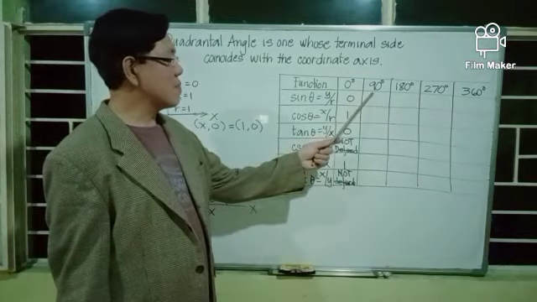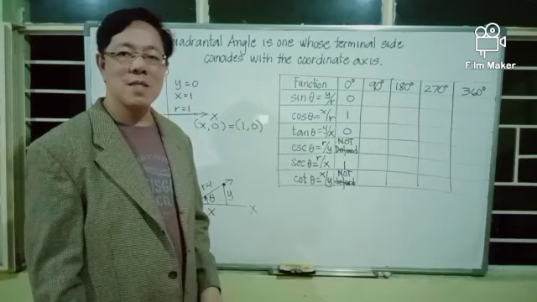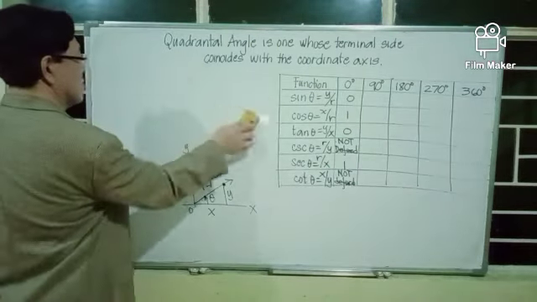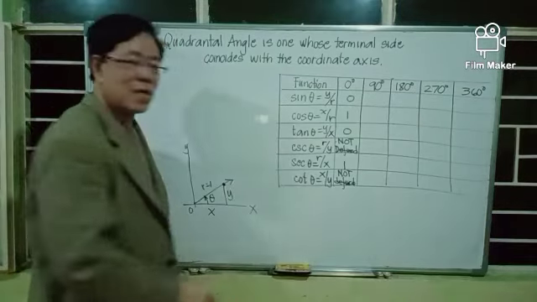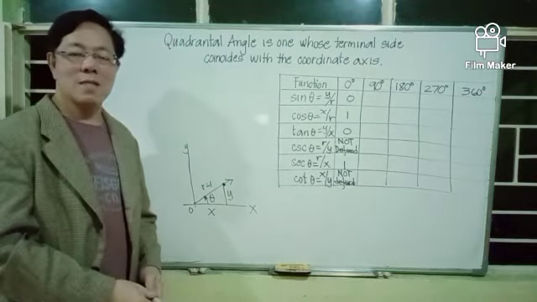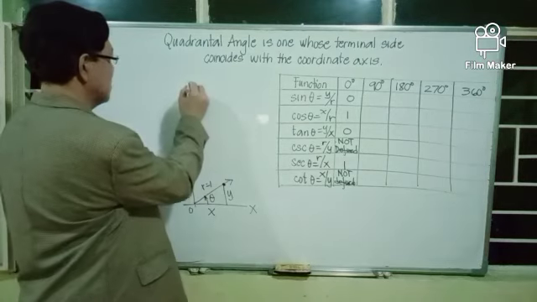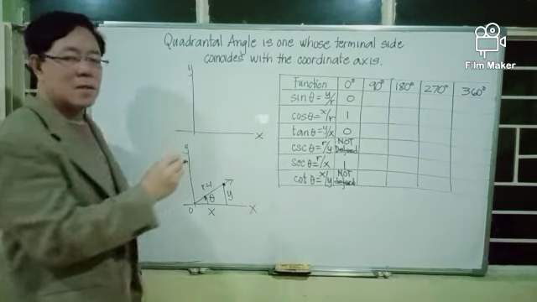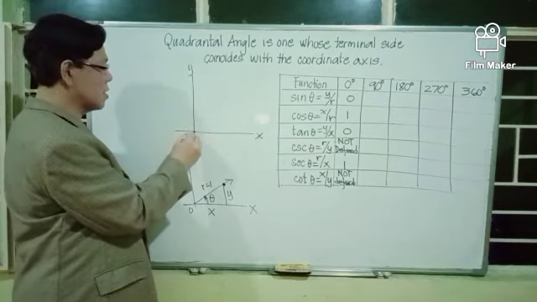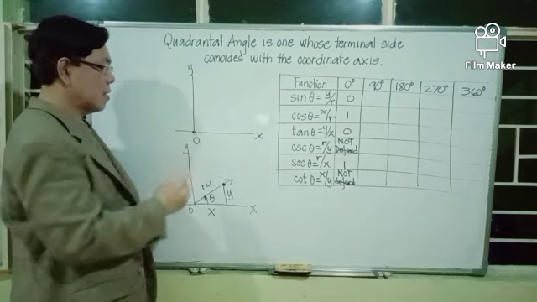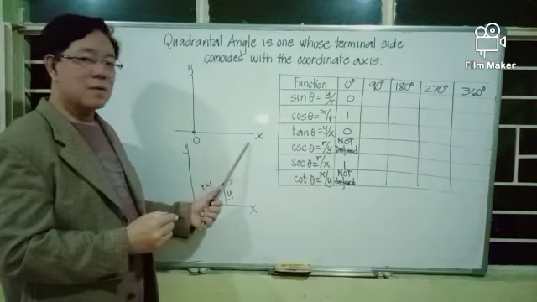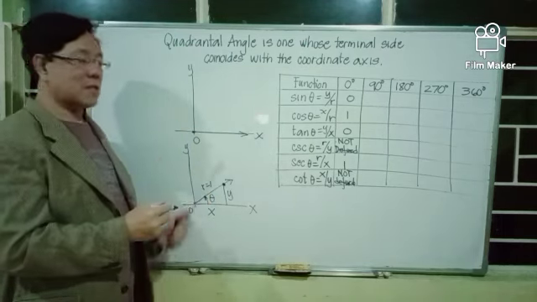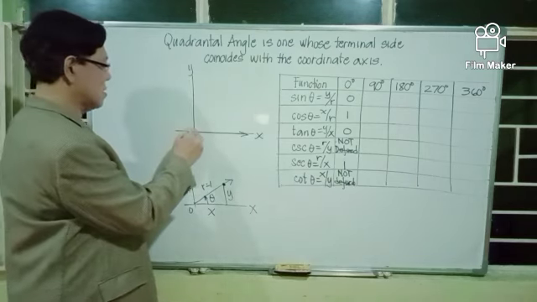Now we find the trigonometric functions of 90 degrees. We construct again 90 degrees in standard position. Its vertex will be at the origin. The initial side will be on the positive x-axis, and its terminal side coincides with the positive y-axis.